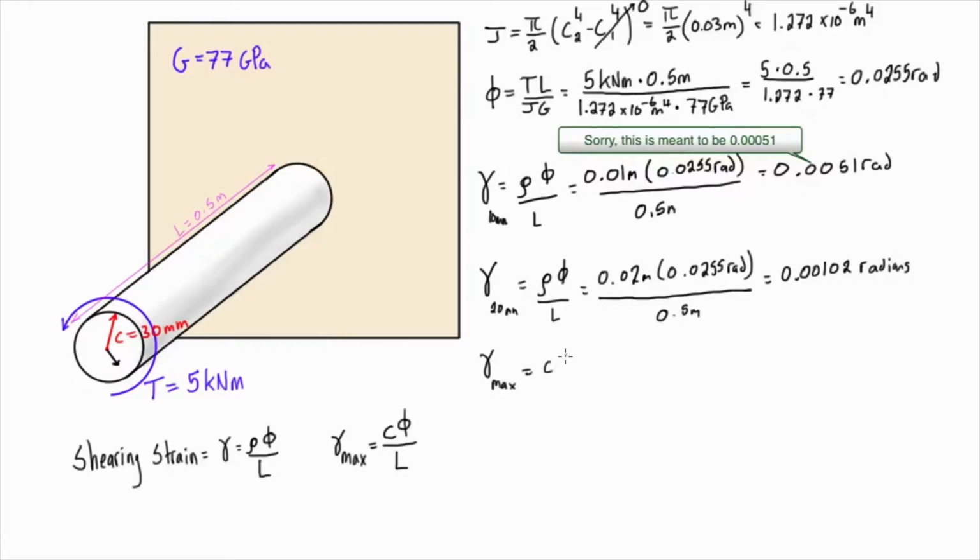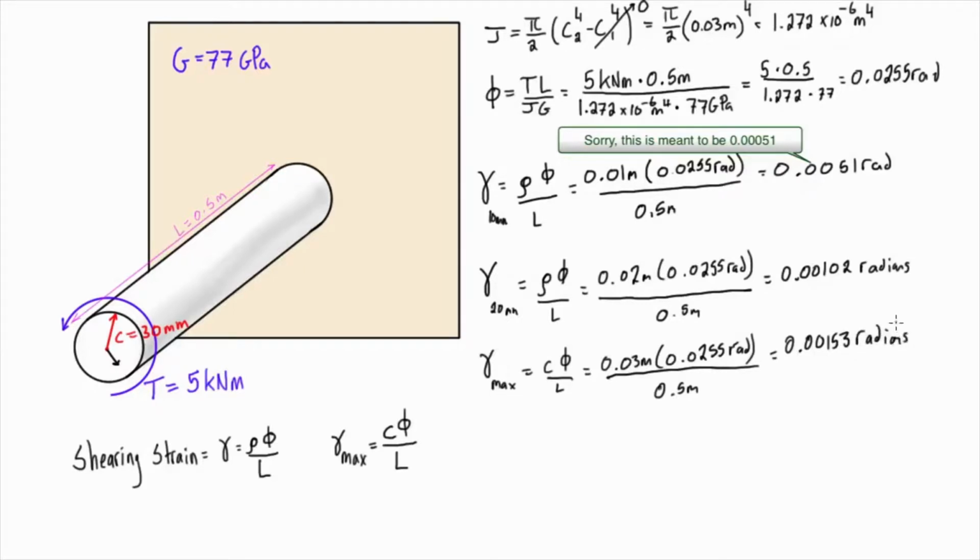So we have C times the angle of twist over L, and when we drop that in we get 0.03 meters times the angle of twist, that was in radians, and over 0.5 meters, and we're going to see that that is equal to 0.00153 radians.